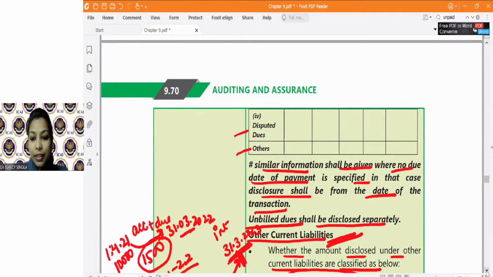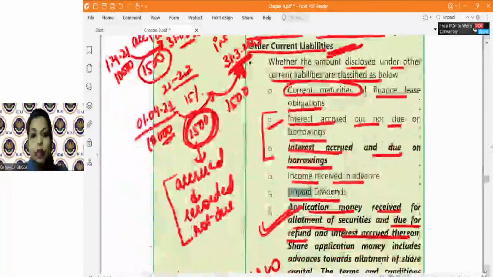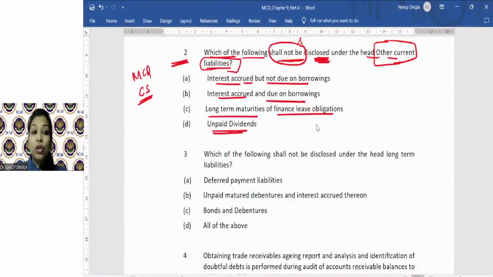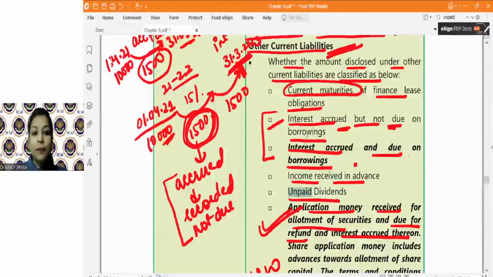So in other current liabilities, see what is coming. Other current liabilities will include what? Interest accrued but not due on borrowings. So this is our first option. So the question was what? Which of the following shall not be disclosed? So this has to be disclosed. So this is not the correct option.